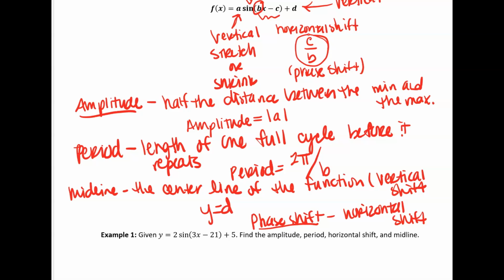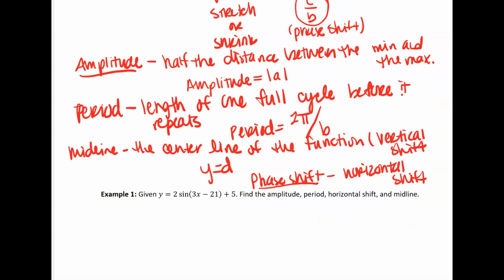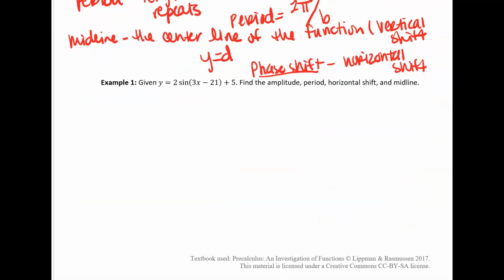And so let's put all that together. So let's look at this example here with some numbers in it, not just A, B, C, D, and let's find the amplitude, period, horizontal shift, and midline. So first, in order to find the amplitude, remember that's your absolute value of A, so that would be the absolute value of 2, this number that's placed in front of there, so it has an amplitude of 2.